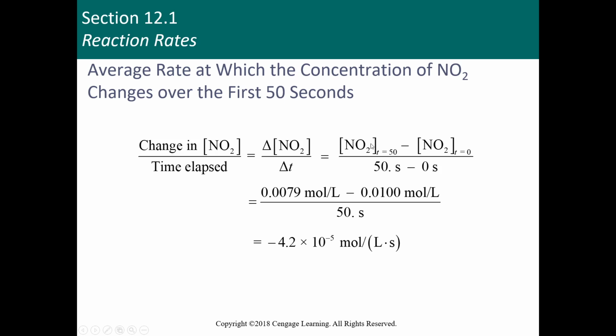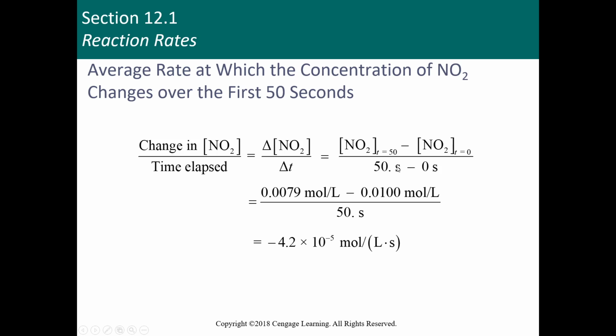This is the concentration of NO2 at time 50. And that's how you notate this. This right here is the notes telling you that it's at that time. This right here is your actual concentrations that you're looking at. Now, down here, because we're doing it for the first 50 seconds, the time has to be 50 seconds, which is our final state, right?